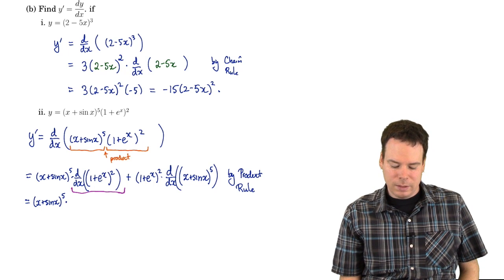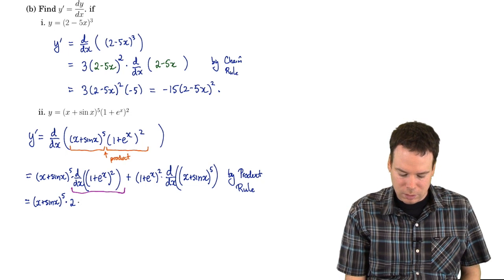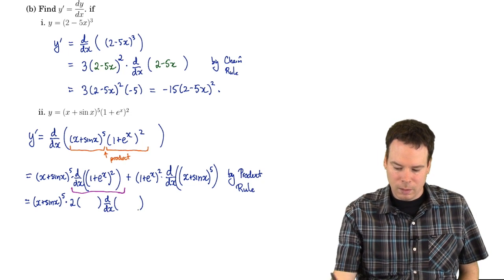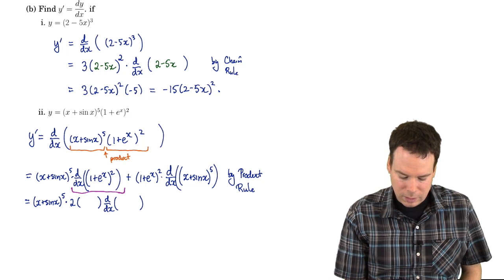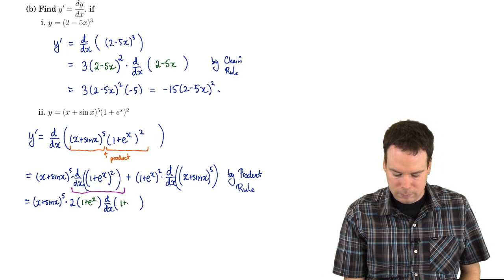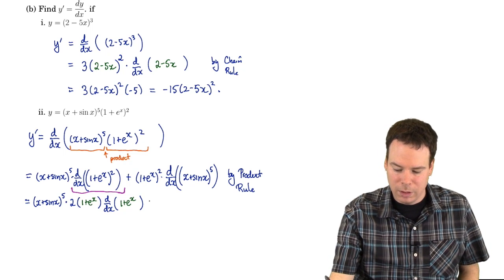It's 1 + e^x, and then you're squaring that. So the squaring function is the outside one, so that's going to be 2 times the inside function times the derivative of the inside function. The inside function in this case is 1 + e^x. And so that's the chain rule now being applied.